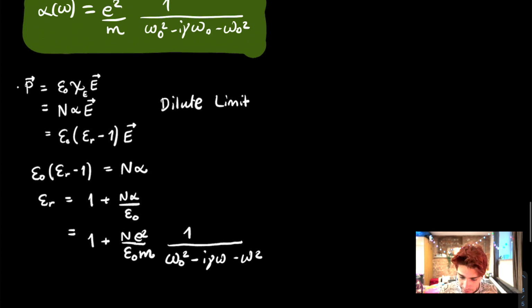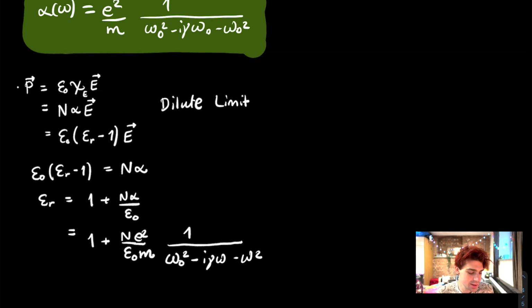Now in a typical system, what we actually find is that there are various different resonant frequencies. So this omega naught, and in fact this gamma as well, isn't going to be the same across all of the atoms within the dielectric, because most dielectric materials are going to be comprised of more than one type of atom or molecule. So typically this will result in different frequencies; these omega zeros will be different.